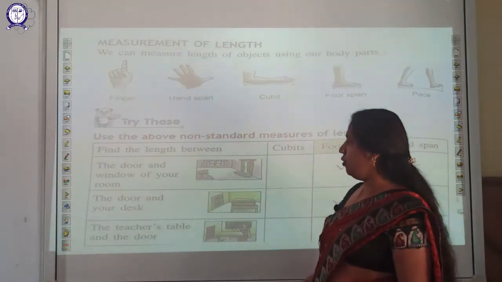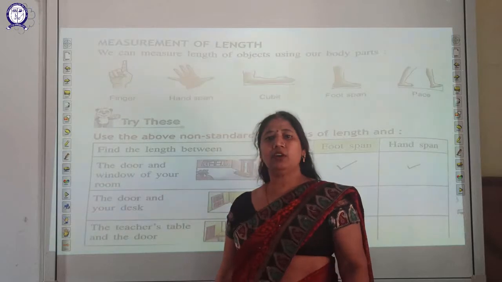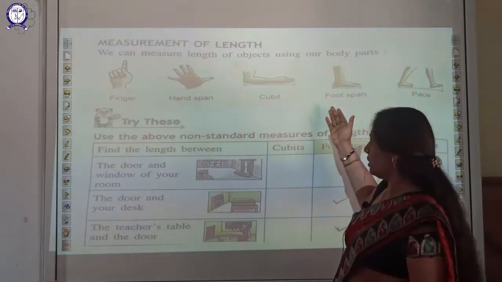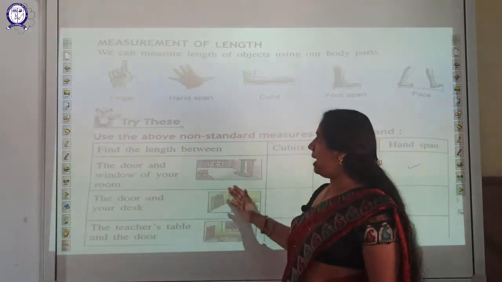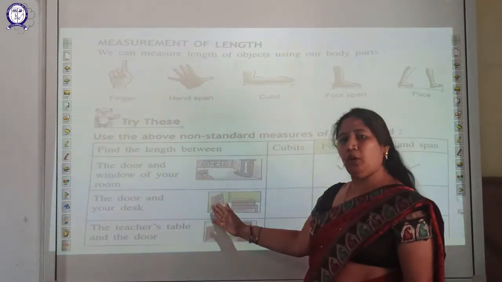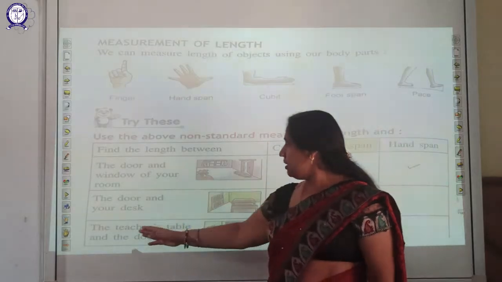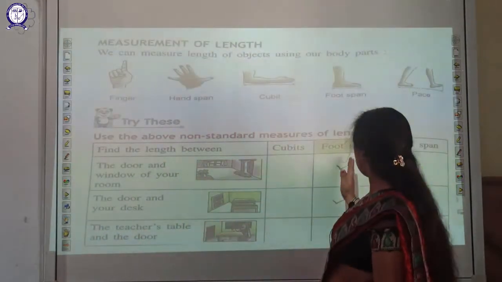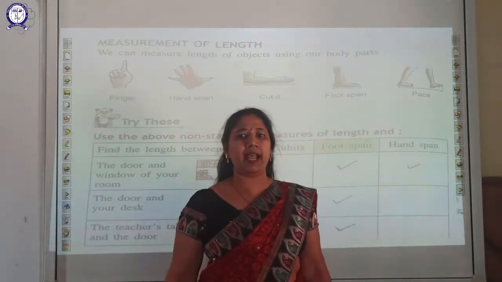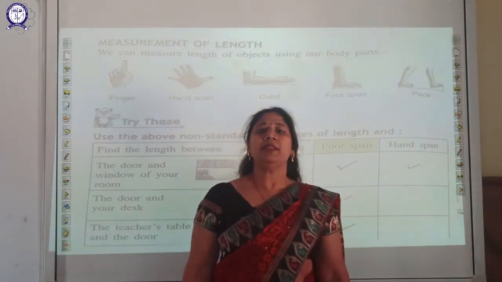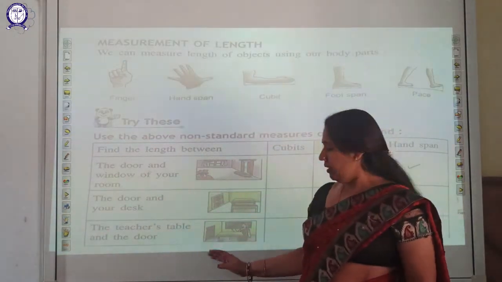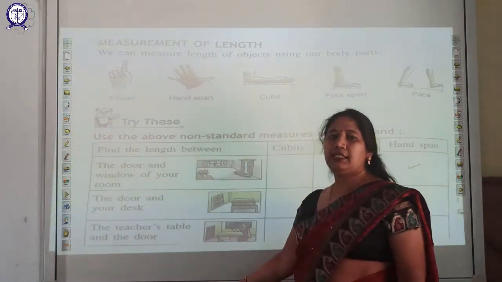So you have to use your pace or your foot span to find the length between the door and your desk. The teacher's table and the door. So you have to use your foot span to find out the distance between the door and your teacher's table.